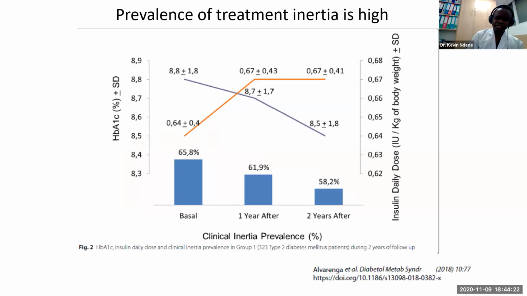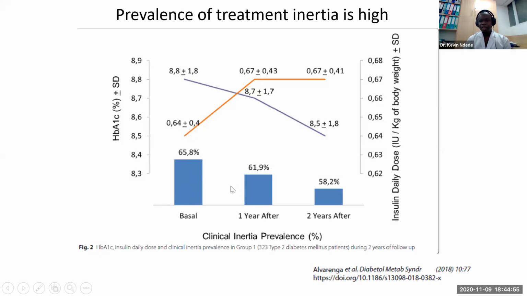So there's this data that was published concerning treatment inertia, especially as concerns insulin. These are patients who had their HbA1c way above 8%. You can see at the baseline of the initiation of this study, only about 65.8% were initiated on insulin.